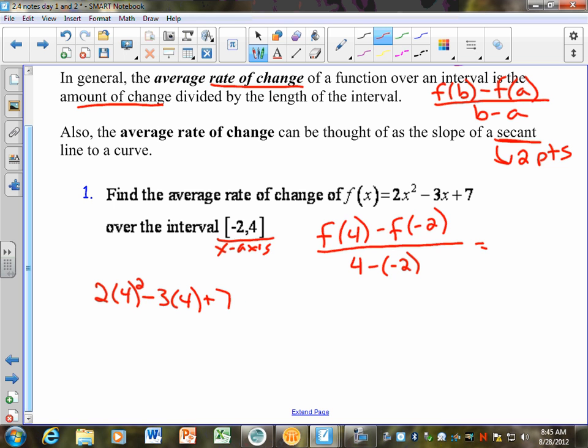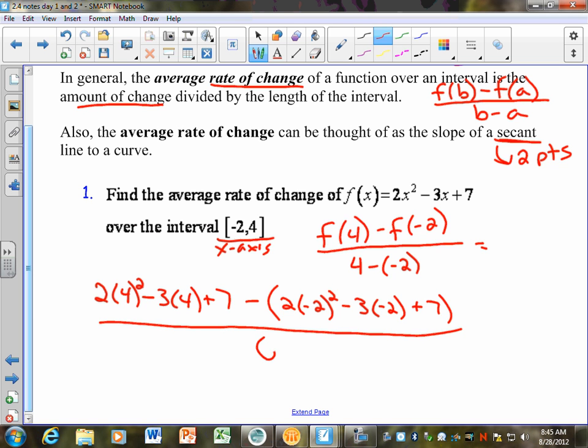Be really careful because you're subtracting, so I'm going to put a parenthesis there. Subtracting all of f of -2. We get 2 times -2 squared minus 3 times -2 plus 7, all over 6.